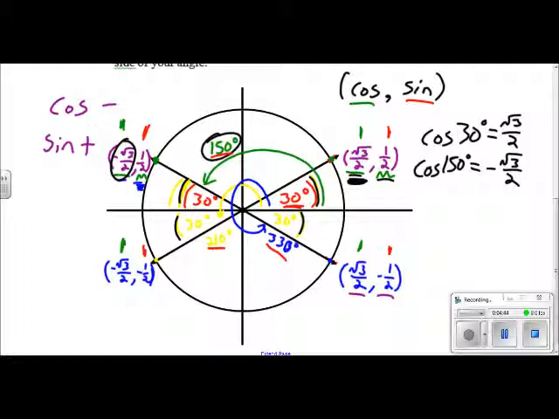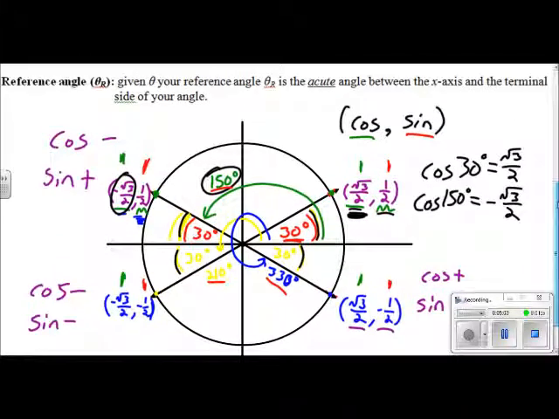In the third quadrant down here, both cosine and sine are negative. In our fourth quadrant here, the cosine is positive, sine is negative.